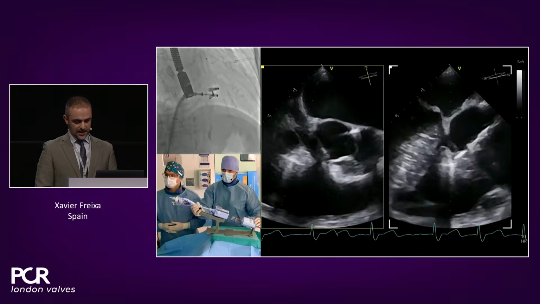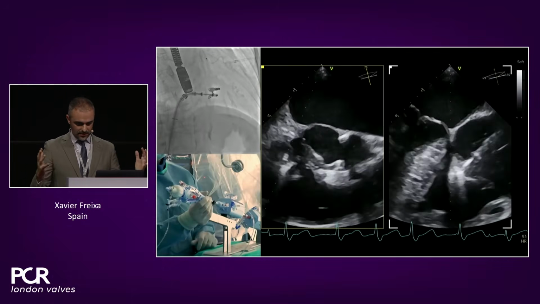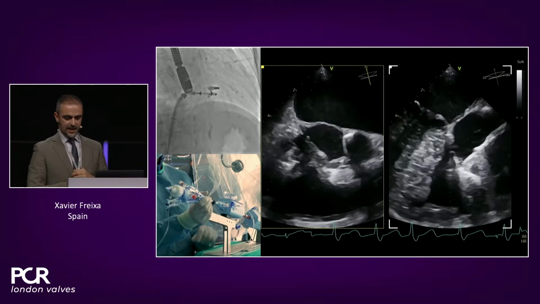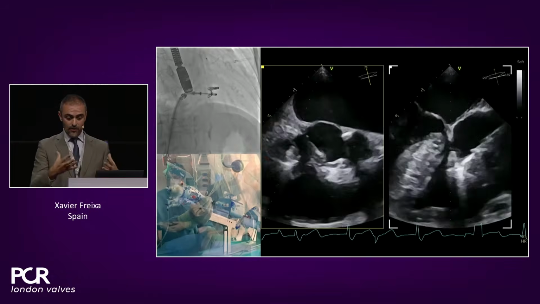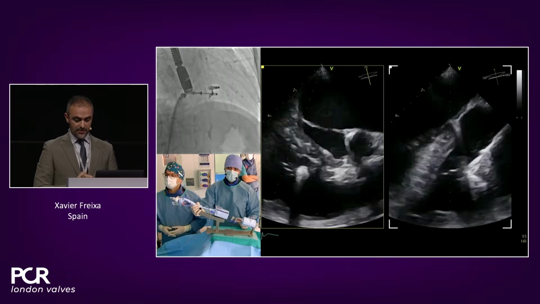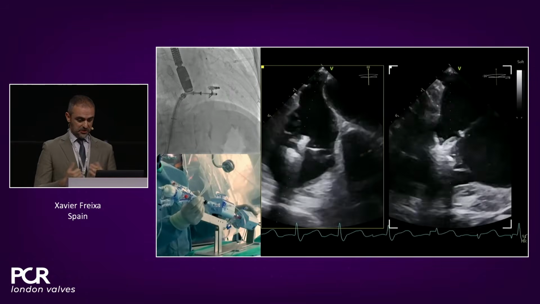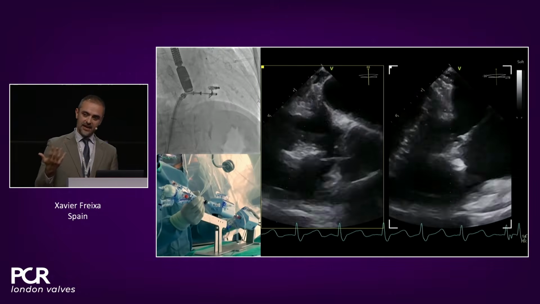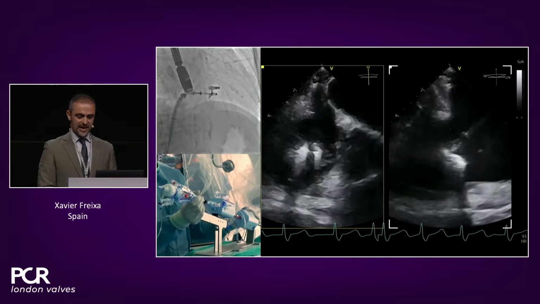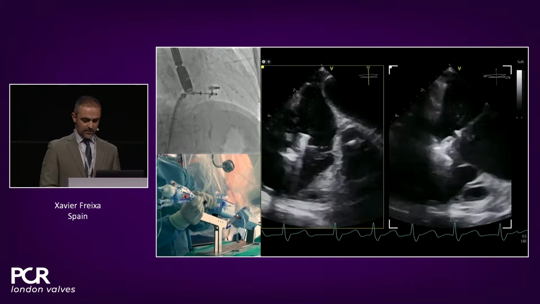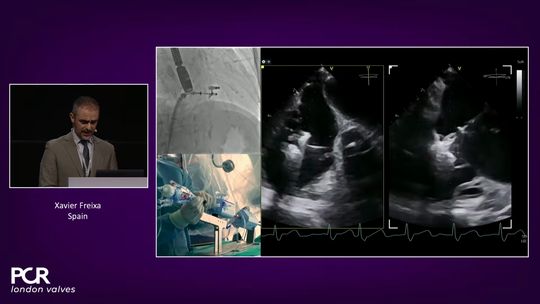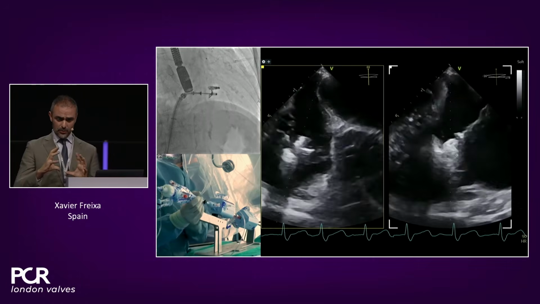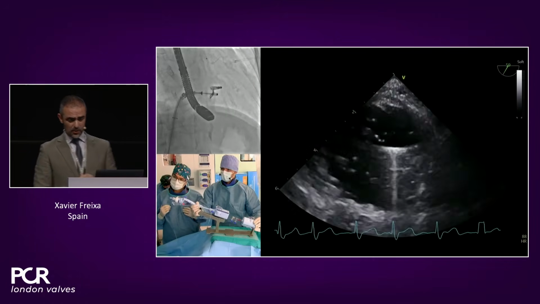In any case here, we have, again, no rush. We can check that everything is fine. Here it looks that both leaflets are over the arms of the clip. Looks like a good position. But again, we're going to check again in the transgastric before going down, with the grippers, that the position is actually good, and we don't need to do a small turn.